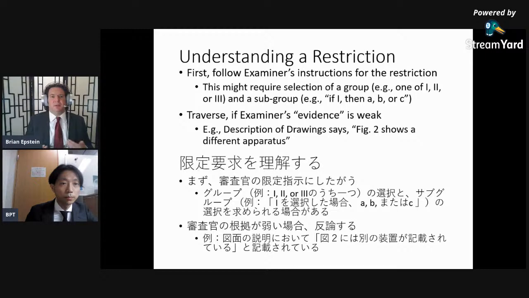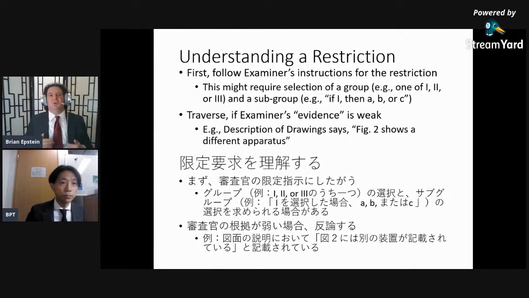So we select one of those, and then your examiner could have a subsequent restriction, such as of a subgroup. In this case, the examiner's restriction requirement will make a statement like, if you select group 1, then you also should select a subgroup of A, B, or C.